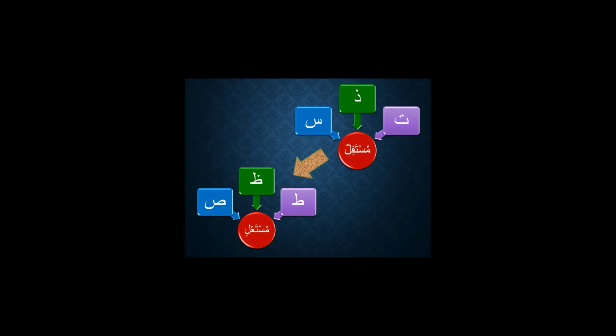Then you say sin, sad, and za, za. And then tip of the tongue touching the base where the teeth are inserted into the gum. That line you pronounce ta, ta, and dal. So remember those and practice, inshallah ta'ala. It will become easy. Okay, let's read some ayat of Quran.